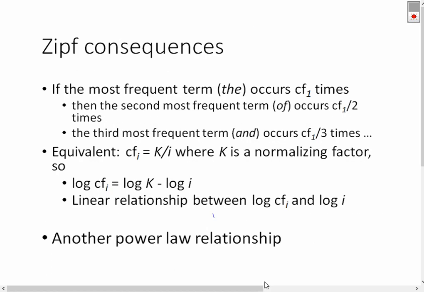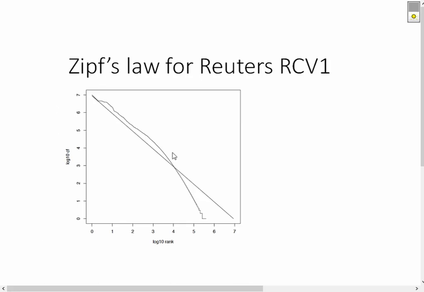When I sort the terms in decreasing order of frequency, once I've figured out the first one, so I know the word "the" appears 1,000 times, then I know the next most frequent word, perhaps "as," will be 500, and the next one will be 250, and the next one 125, and so on and so forth.